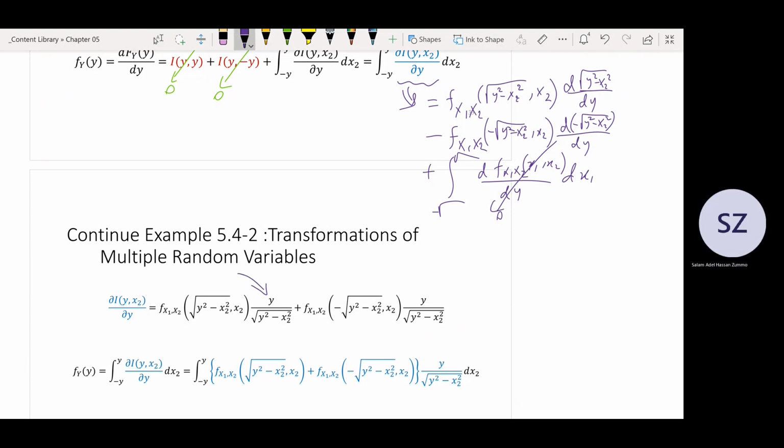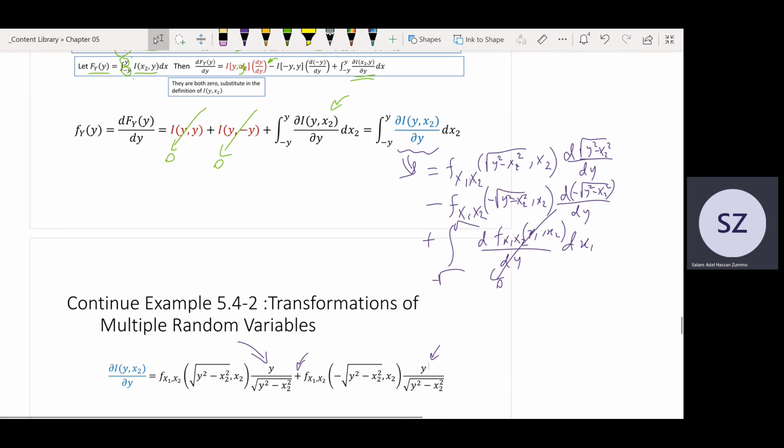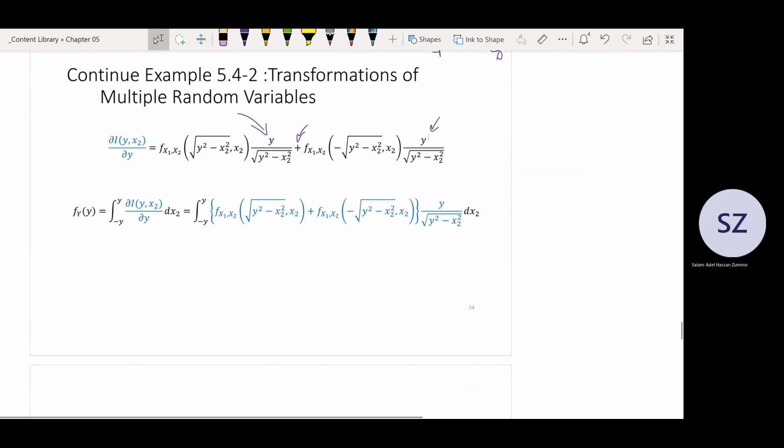Multiplied by the PDF again evaluated at minus the square root. Of course there is a minus here, but when you differentiate this it will give you a plus. You get this. So the PDF of y was the integral of this from minus y to y.